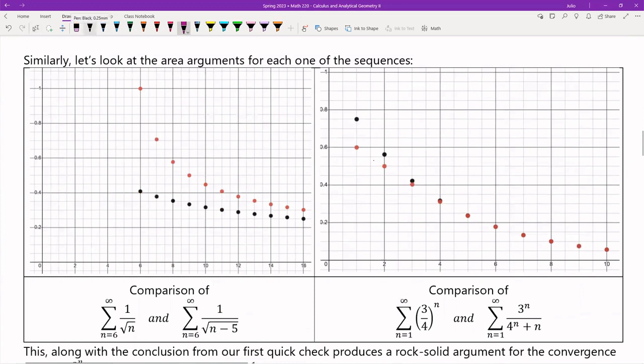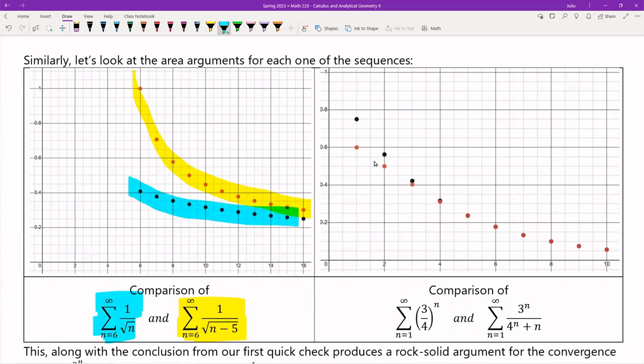The orange ones, I'm going to try to color code them, are these, and the other ones are these black ones down here.